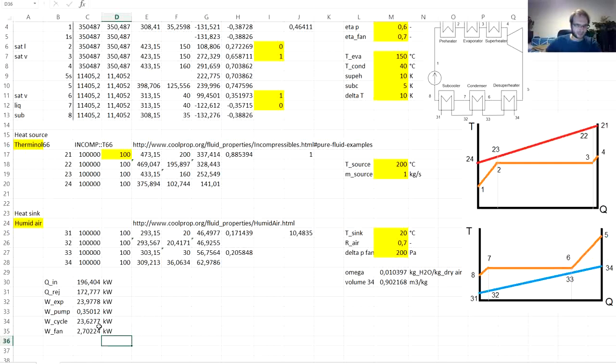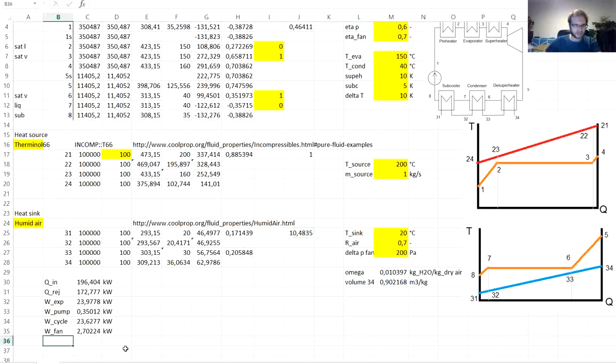So you can see that actually more than 10% of the work of the cycle is consumed by the fan, which is already quite a considerable amount. Perhaps some optimization of the condensing temperature and amount of cooling air could be performed. And anyway, this is quite common in small applications and waste heat recovery, where the auxiliary power input needs to be taken into account.